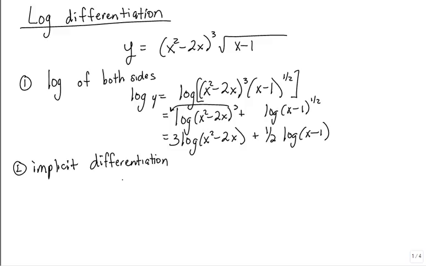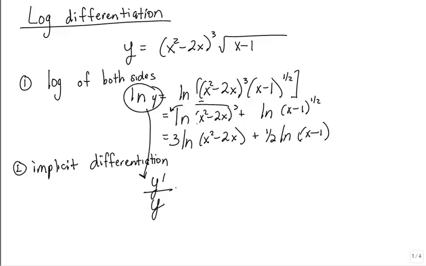And the derivative of log, or ln, is y prime over y. Actually, we should take the natural log of both sides here. Let me fix this, because the derivative is different for log. So we'll do ln, since that's what we've been talking about. And the derivative of ln of y is y prime over y.